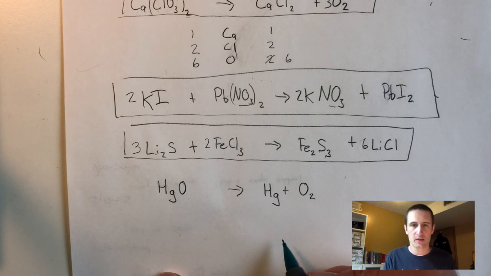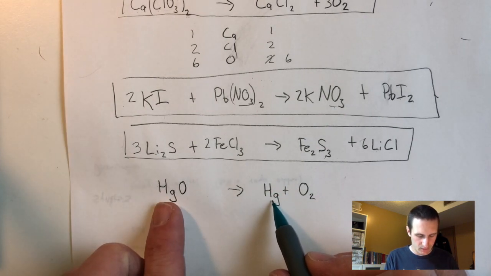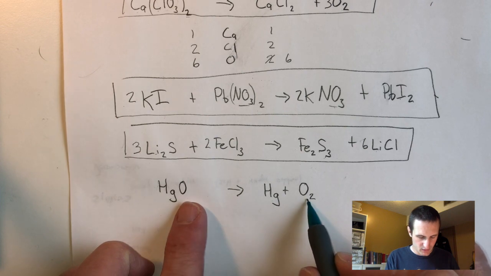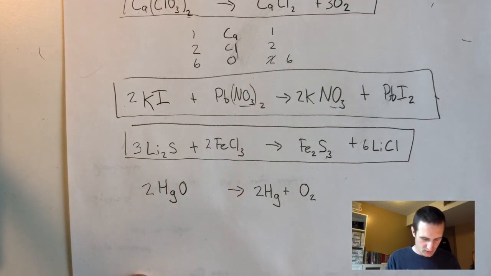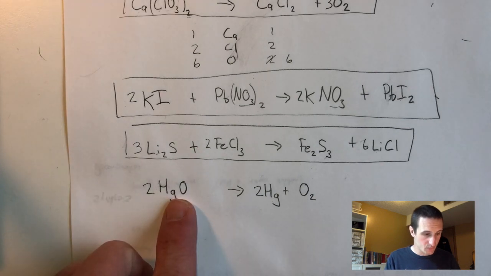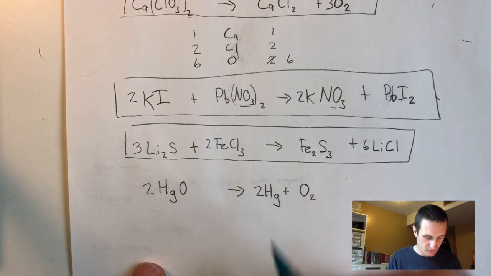And so when I look at this, I see 1 mercury, Hg is mercury, so that's balanced. I see 2 oxygen, so I'm just going to balance this by putting a 2 in front of HgO, and then that balances with a 2 in front of Hg.